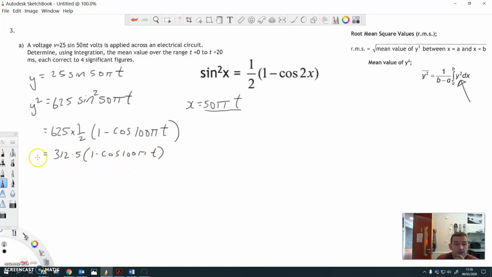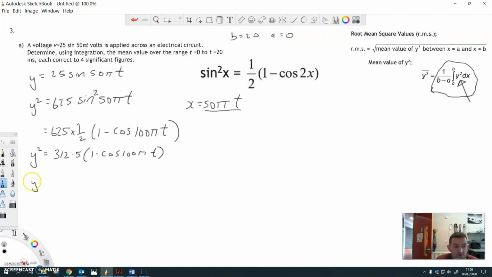Right, so this is y squared, and we're going to get the average value of y squared using this integral structure over here. B for us will be 20, and A will be 0.